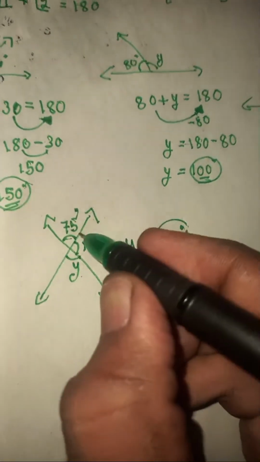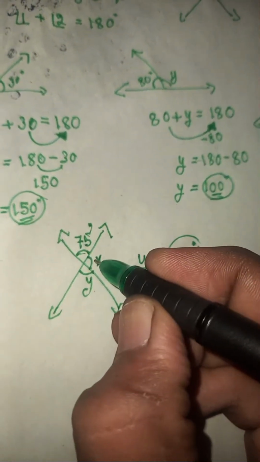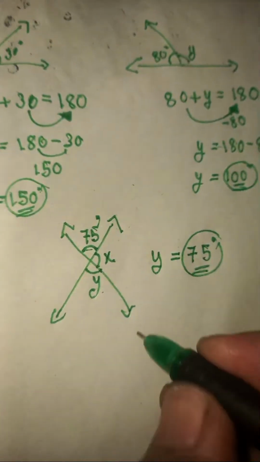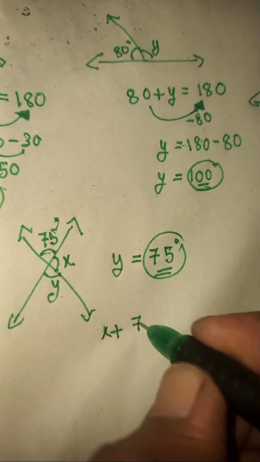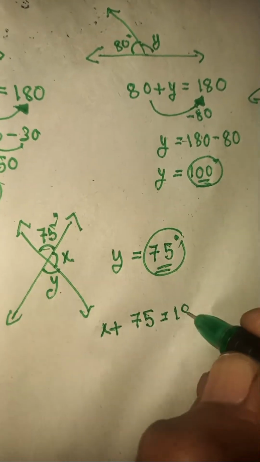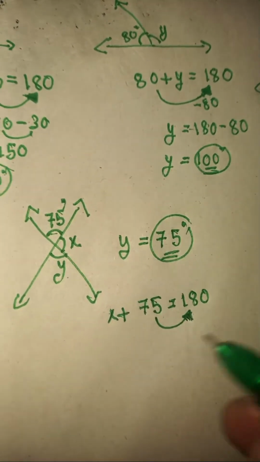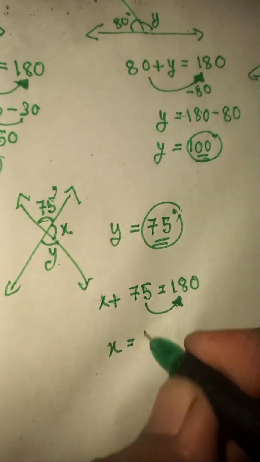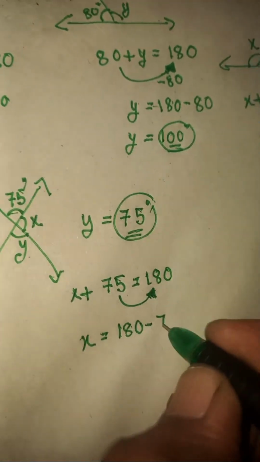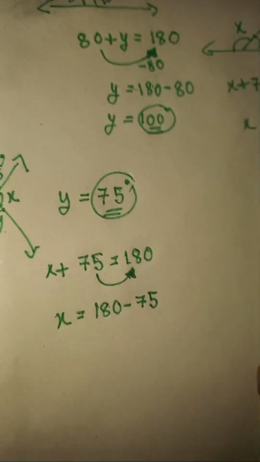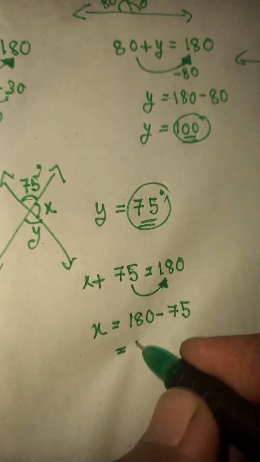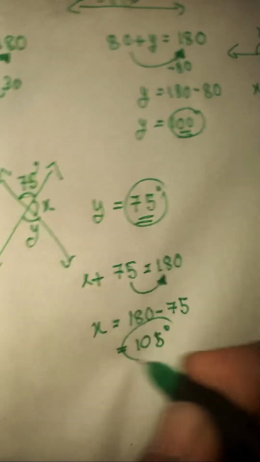And now these two are adjacent angles on a straight line. You're going to get x plus 75 equals 180 degrees. Now send that 75 to that side, it becomes minus 75. So x equals 180 minus 75. 180 minus 75 becomes 105 degrees.